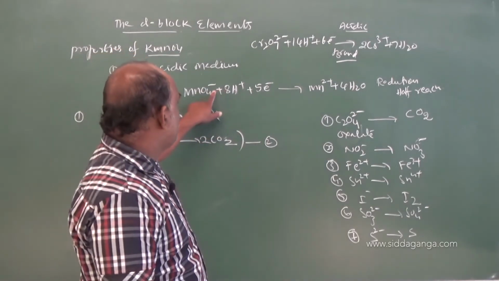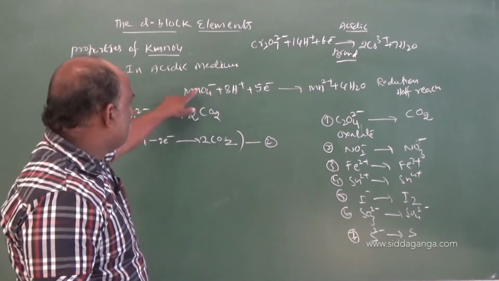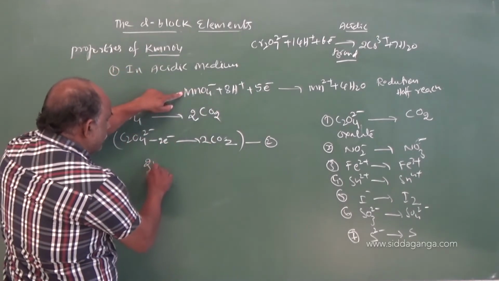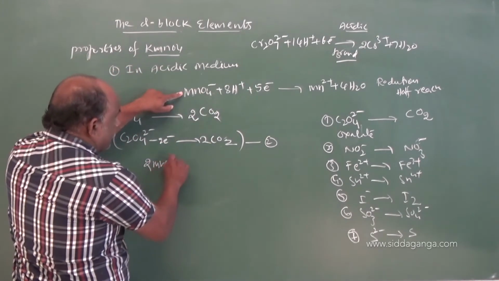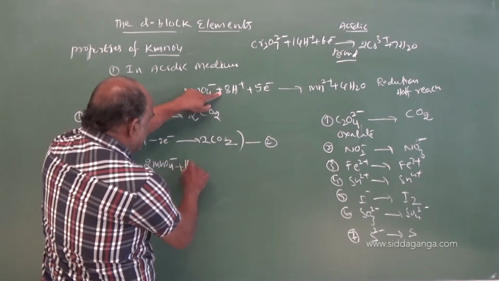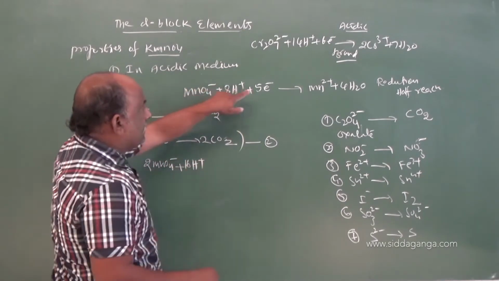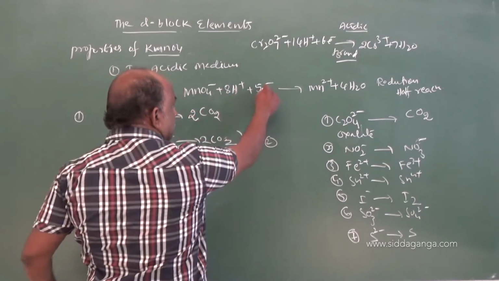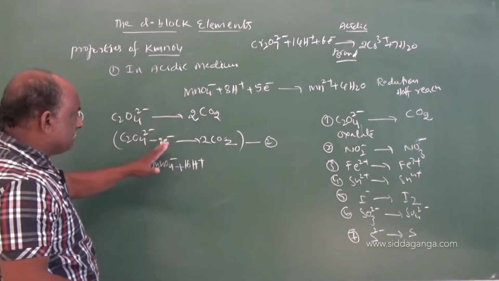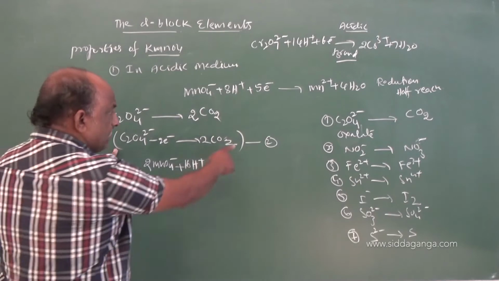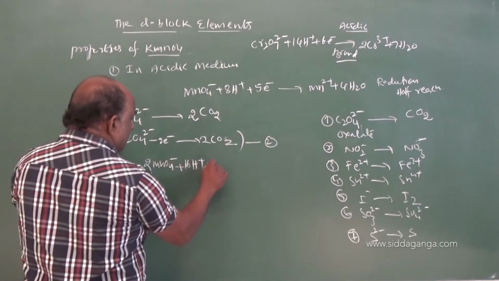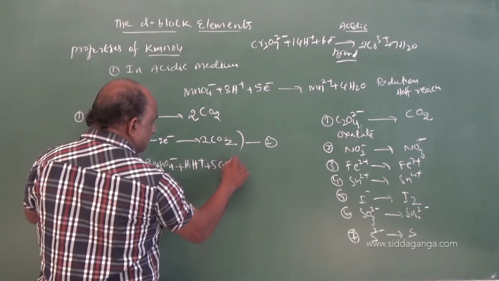This equation multiply with 2. What will be the balanced equation? 2 MnO4 minus plus 16H plus. No need to write electrons because electrons get cancelled. On the left side, the other equation multiplied with 5 gives plus 5C2O4 2 minus.